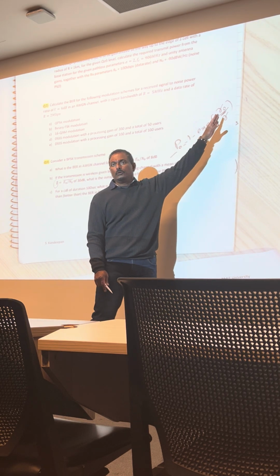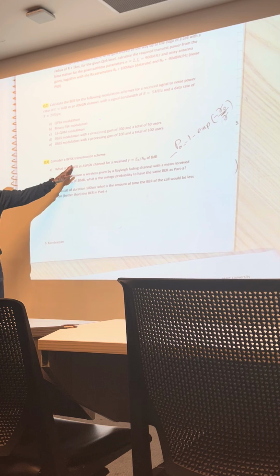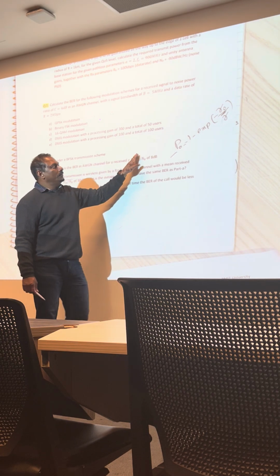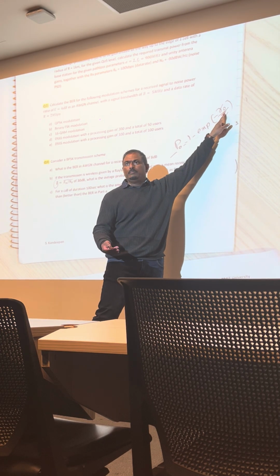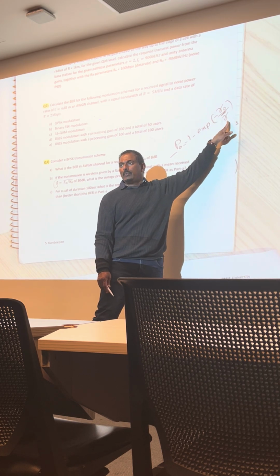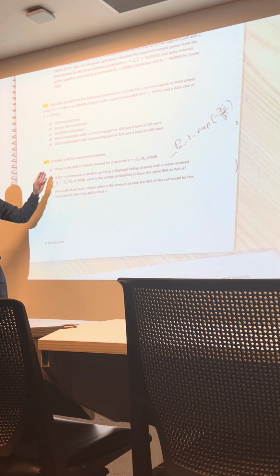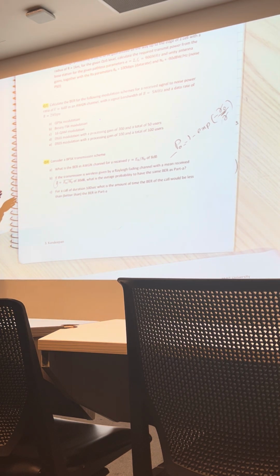So your gamma 0 is the required gamma 0 for the bit error probability, right? If you have gamma 0, then you will have that bit error probability, and to achieve this gamma 0 in a gamma bar environment, what is the outage? So the outage P0 is 6.3 into 10 to the minus 3, which is really good.